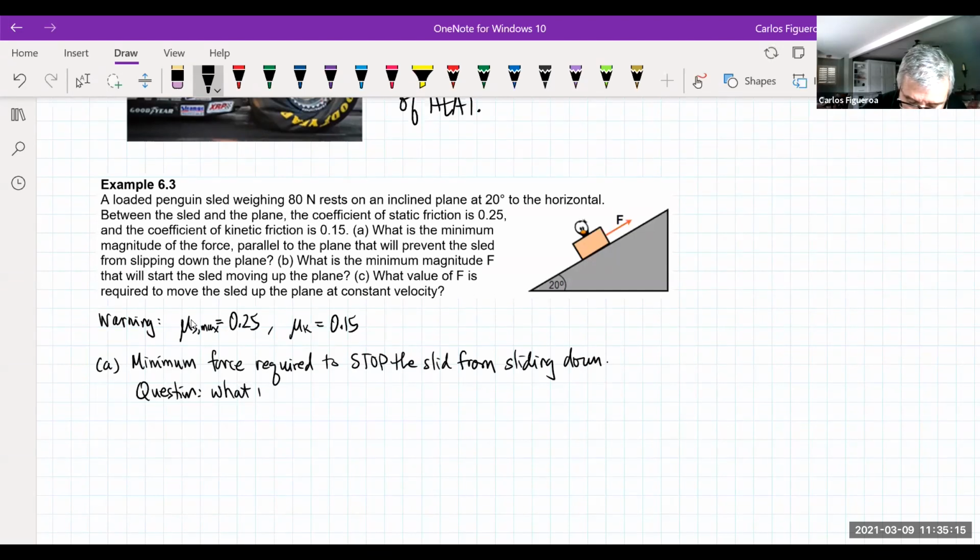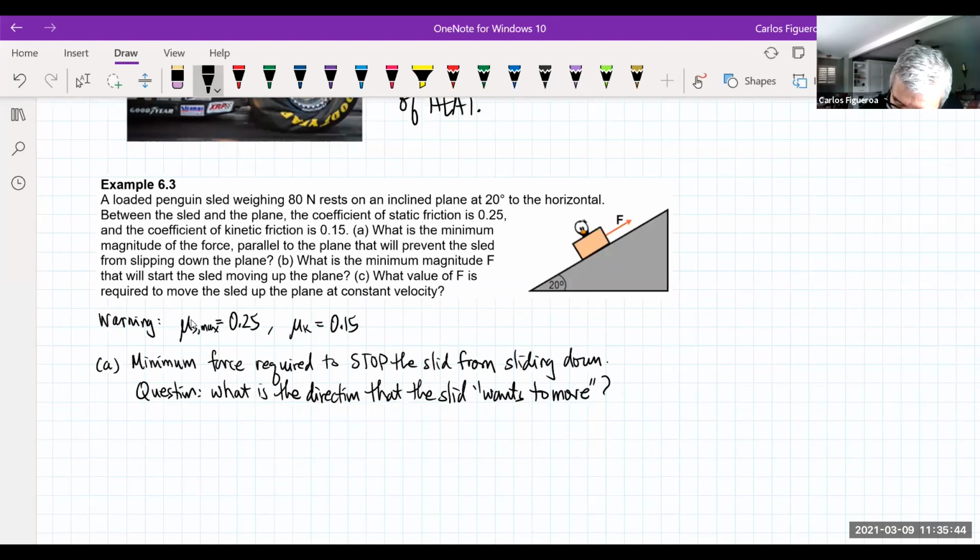What is the tendency of the sled? How do I say this? What is the direction that the sled wants to move?